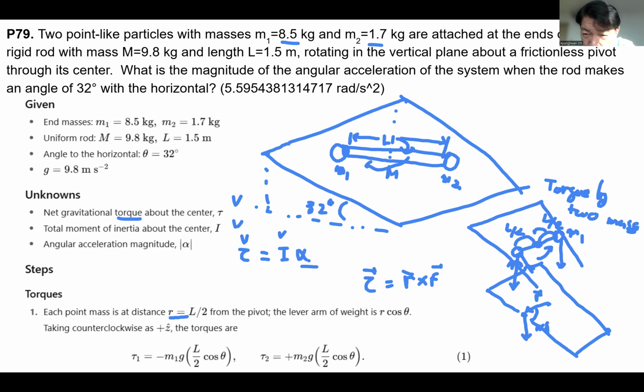Because of the angle it's not easy to draw. mg can be decomposed into two components, one in this direction and one in this direction.